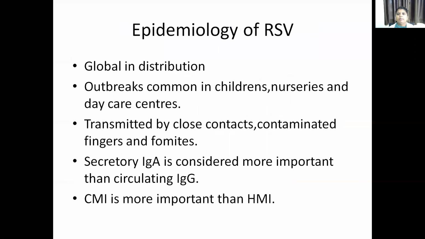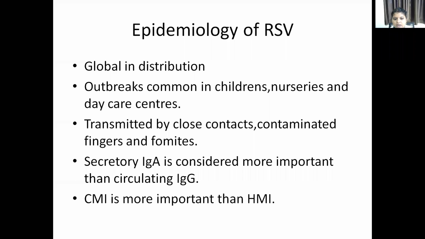Next, if you see the epidemiology of this respiratory syncytial virus, it is globally distributed. Outbreaks are common in children's nurseries and daycare centers, usually transmitted by close contact, through fomites, or through aerosols or droplets.